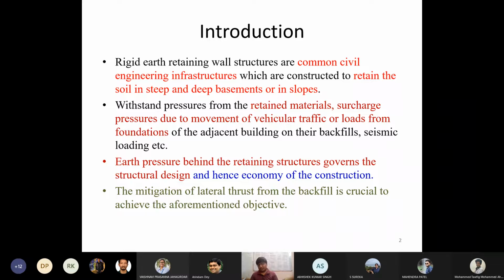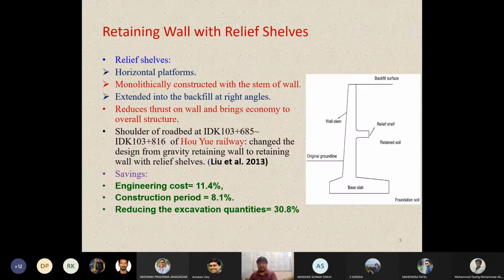Moving further, another technique is the introduction of a relief shelf. Before going into this, I'll introduce what exactly a relief shelf is. Relief shelves are horizontal platforms which are monolithically constructed with the stem wall. They are perpendicular to the wall stem and extend into the backfill at a right angle.